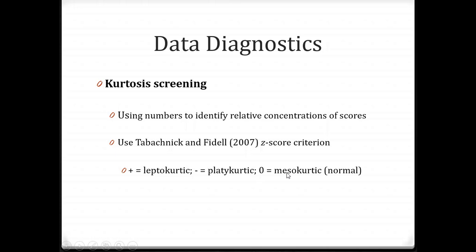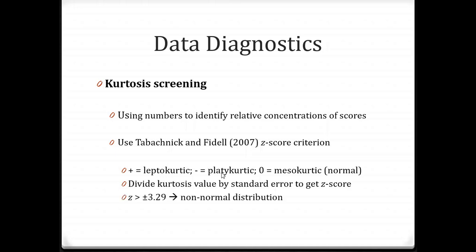Okay? Again, that's very unlikely. It's very rare that you get a zero value here, and it's exactly telling you it's a normal distribution. There's always a little flux, and so you will have something maybe a little on the positive side or a little on the negative side. And what we're doing here is we're going to divide that kurtosis value by the standard error again, and we're going to get a z kurtosis value.